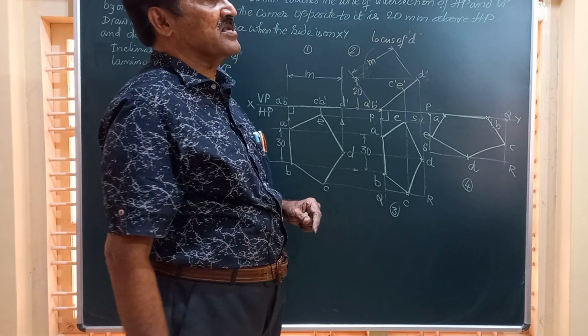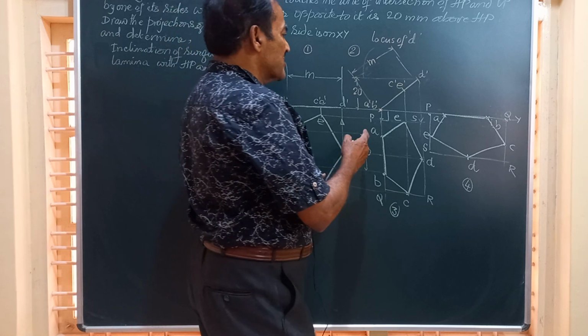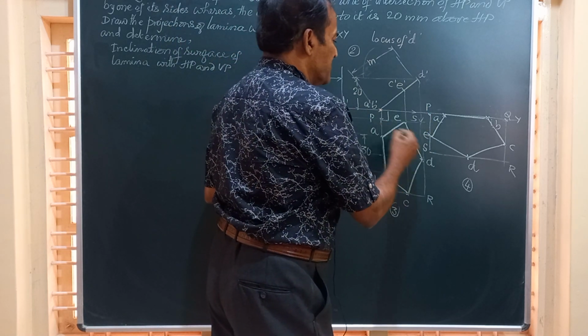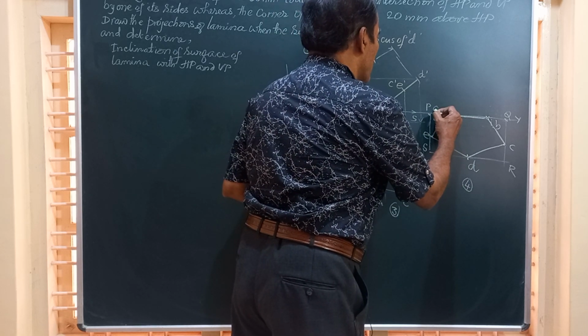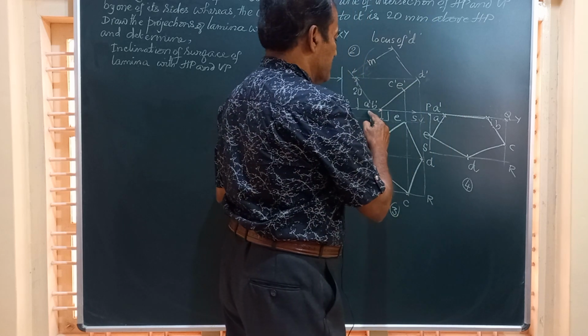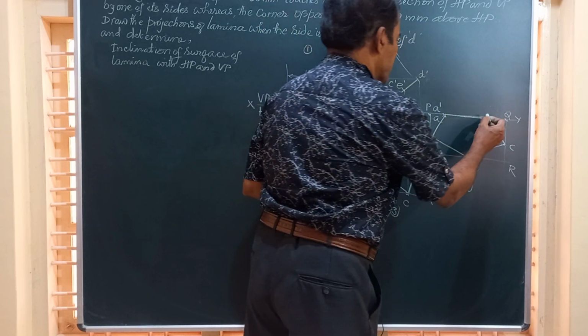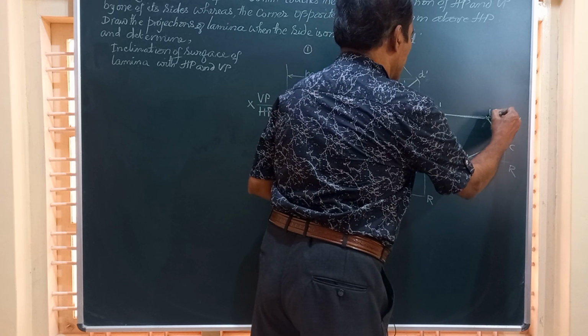Friends, you can obtain the final front view of the lamina. So we will start from point A. Draw a horizontal line from A dash, a vertical line, they meet here. So I will call this point as A dash. Next B, vertical line from B, horizontal line from B dash, they meet here. And that point is going to be point B dash.